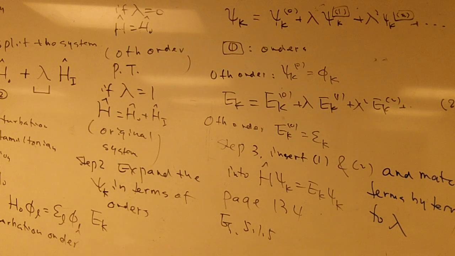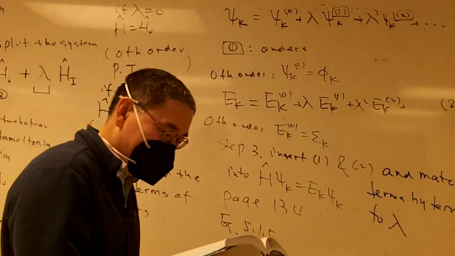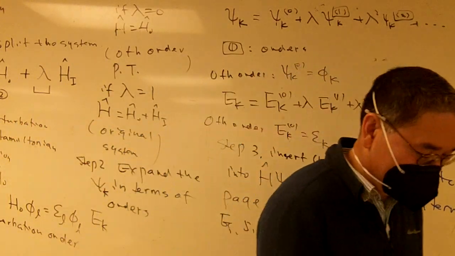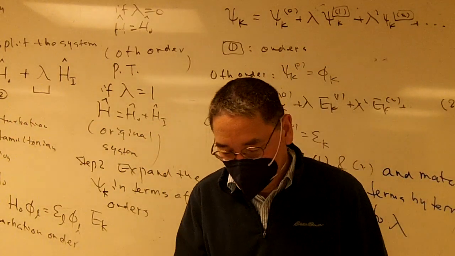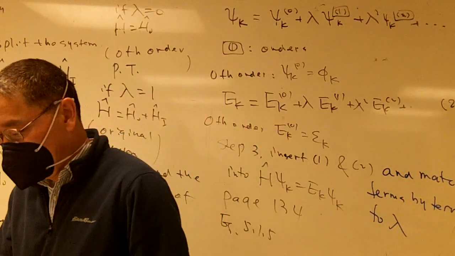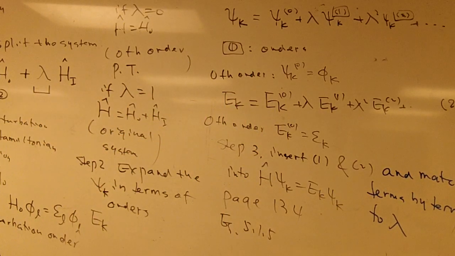Thank you so much. Cody, could you continue on the next paragraph, please? We start with equation 5.1.5, focus on the zeroth order terms with lambda 0. Lambda 0 is H naught psi sub k of zeroth order equals E_k zeroth order psi_k zeroth order, where the heading lambda 0 reminds us that we are working on zeroth order.